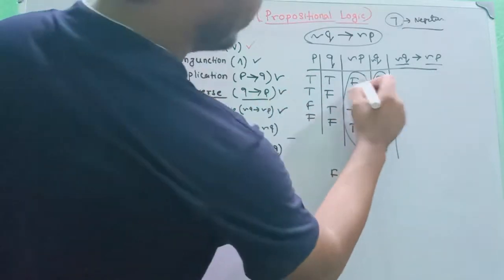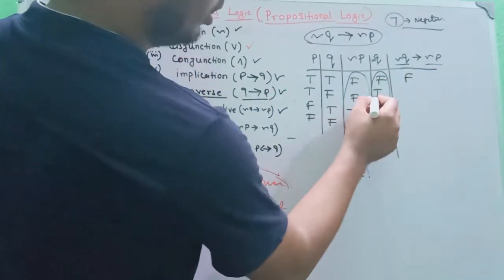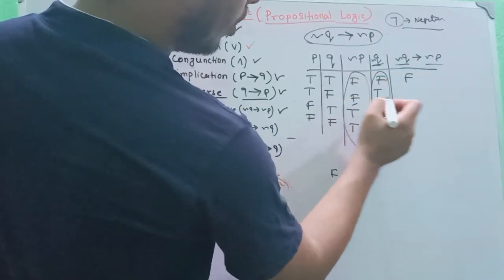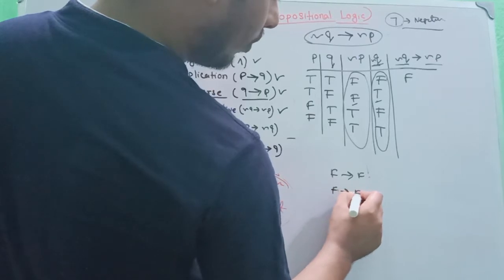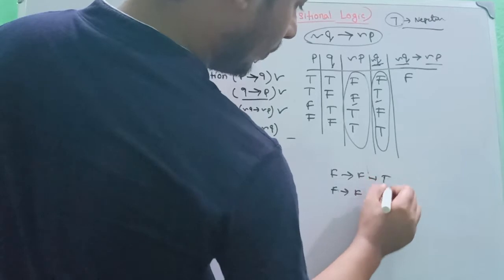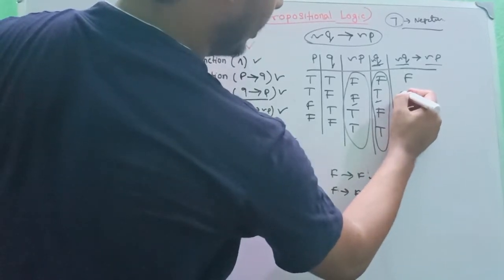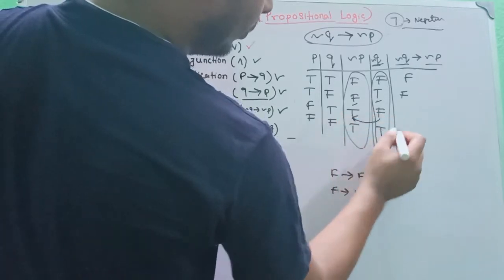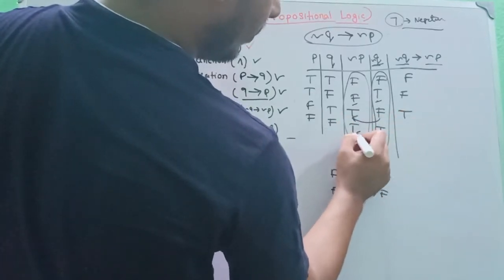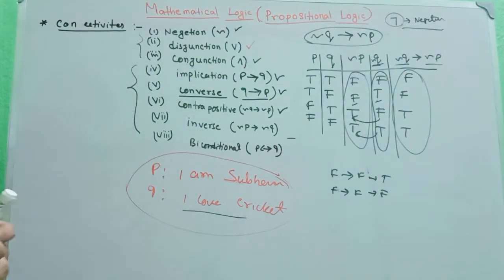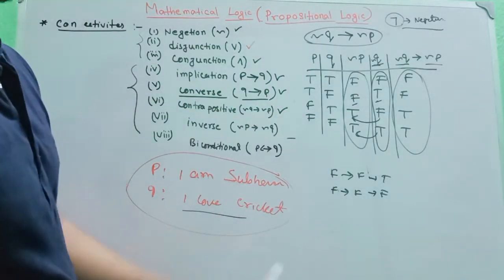False implies false is true. Then Q first, then P: true implies false, this is false. False implies true, this is true. True implies true, this is true. So this is the truth table of contrapositive.